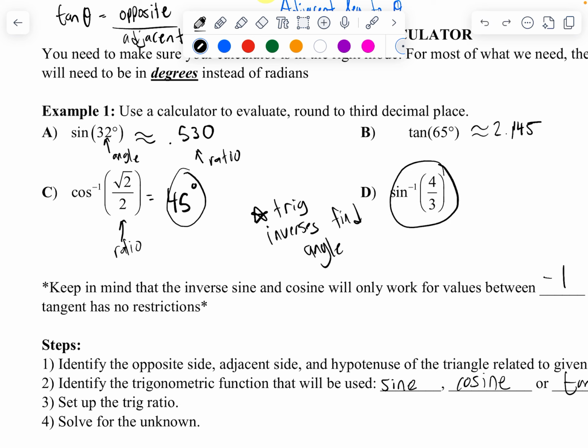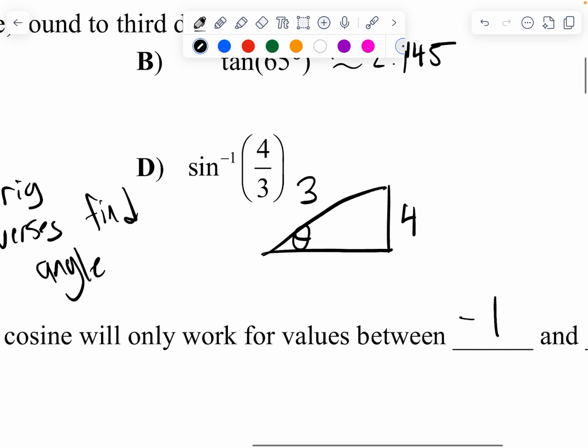Now, this is going to be an interesting case. Reminder, for any angle, sine is the opposite over the hypotenuse. So 4 would be the opposite leg, 3 is the hypotenuse. Hopefully, as I wrote that out, that had some warning bells for you. Is it possible for the leg to be longer than the hypotenuse?